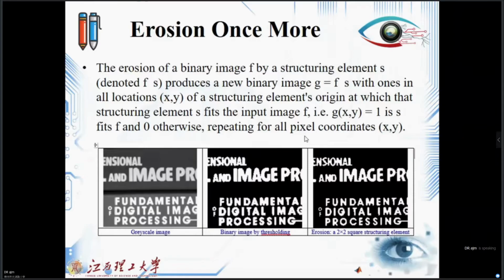For example, g(x, y) is equal to 1 if s fits f and 0 otherwise, repeating for all pixel coordinates. You will see here the grayscale image, the binary image obtained by thresholding, and the erosion. Now maybe you will see the difference between thresholding and erosion better in this image.